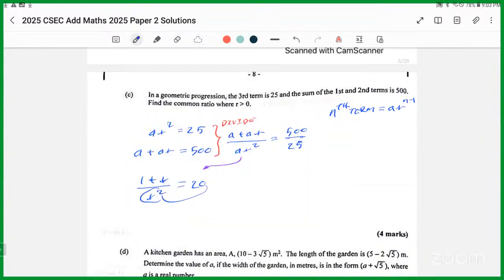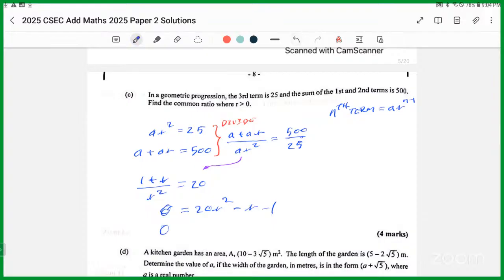Multiply by the R squared over here. I'm gonna transpose it. I'm gonna get 0 equals 20R squared minus R minus 1.